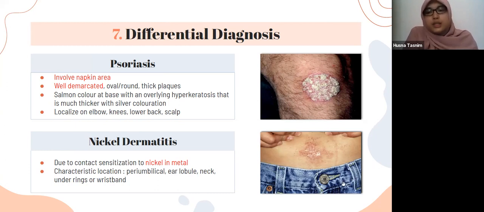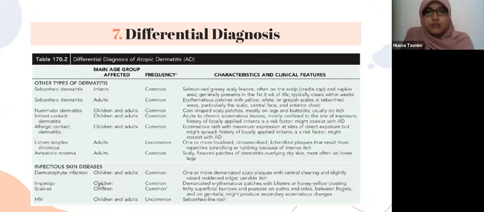For example, in this picture, the pant buttons have nickel in the metal, so patients have lesions around the umbilicus. Likewise the earlobe if the earring has nickel, the neck if the necklace has nickel, and also the wrist if the wristband has nickel.